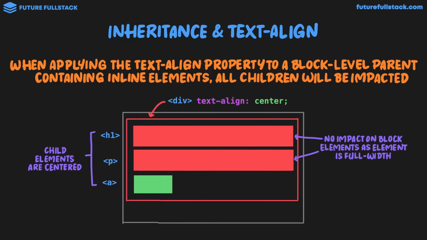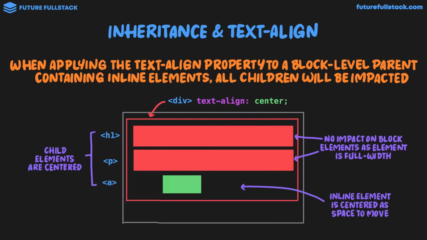I want us to view these elements as children rather than specific H1, paragraph, etc. elements. Just view it as a red box. Because the red box is a block element, it takes up the full width. So this child cannot move anywhere inside the div. In contrast, the inline element is centered as it has space to move.